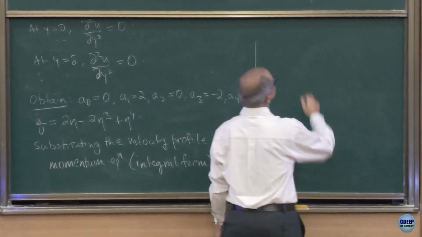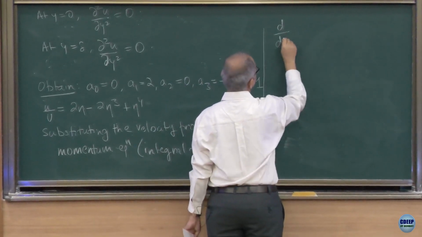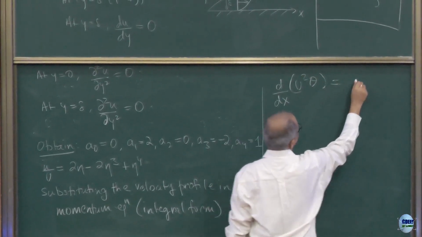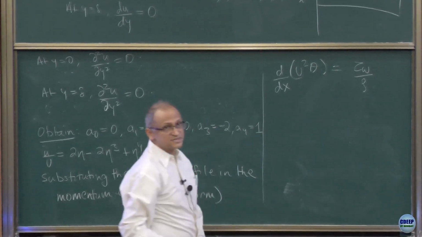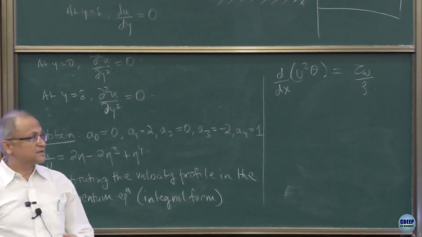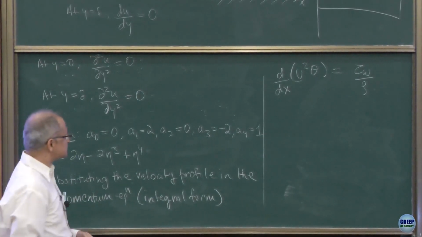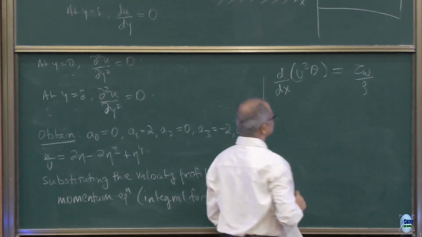So it is clear that the momentum equation is d by dx of U square times theta is equal to tau w upon rho. Here is a flat plate with no pressure gradient, so dU dx is equal to 0. Any questions here?